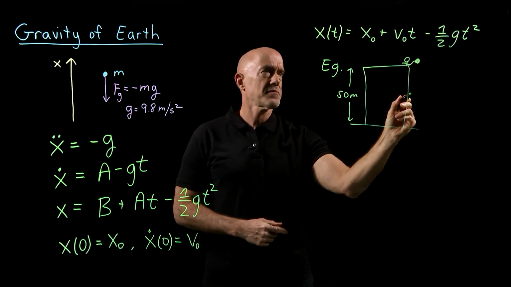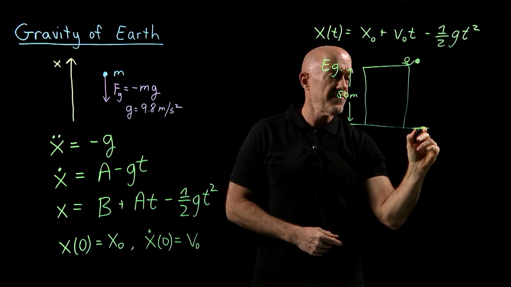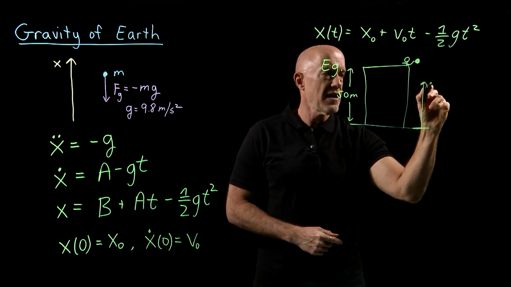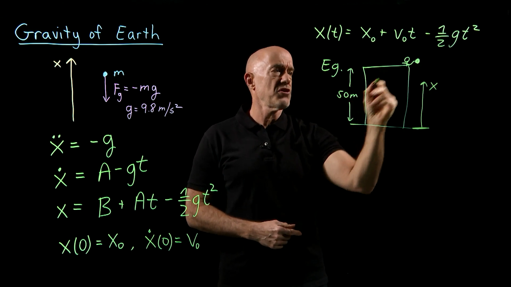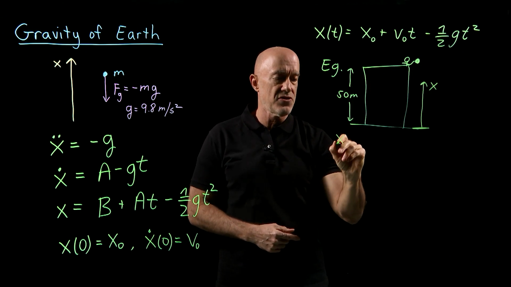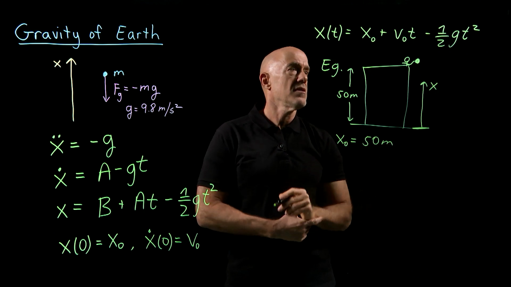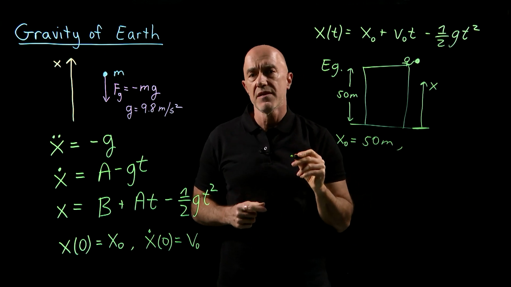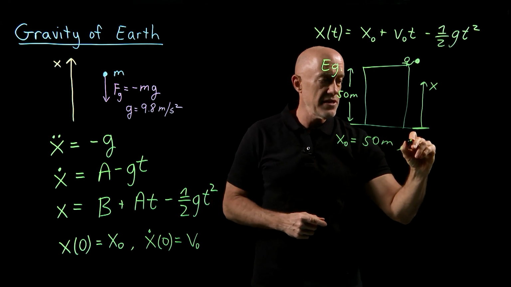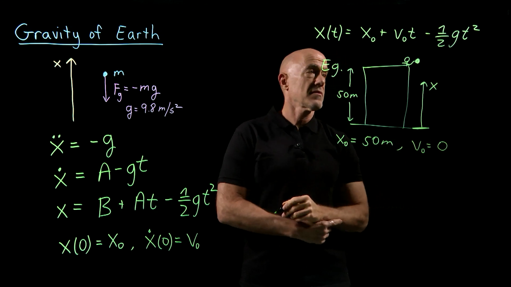So how do we figure that out from this equation? We have to define our coordinate system. So let's define the coordinate system coming up from the ground. We have our initial position of the ball then, x naught, given by 50 meters, right? The ball is being dropped by the person, so the initial velocity is going to be 0, okay?